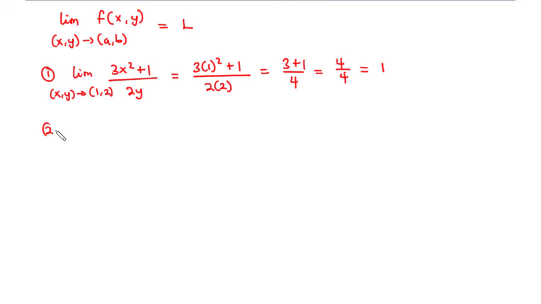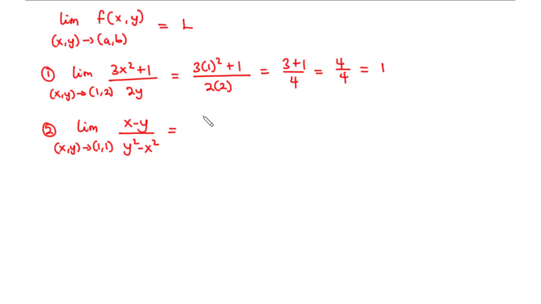Now let's take another example where direct substitution does not really work. We want to take the limit of the function (x minus y) over (y squared minus x squared), where (x, y) approaches (1, 1). So let's try direct substitution.